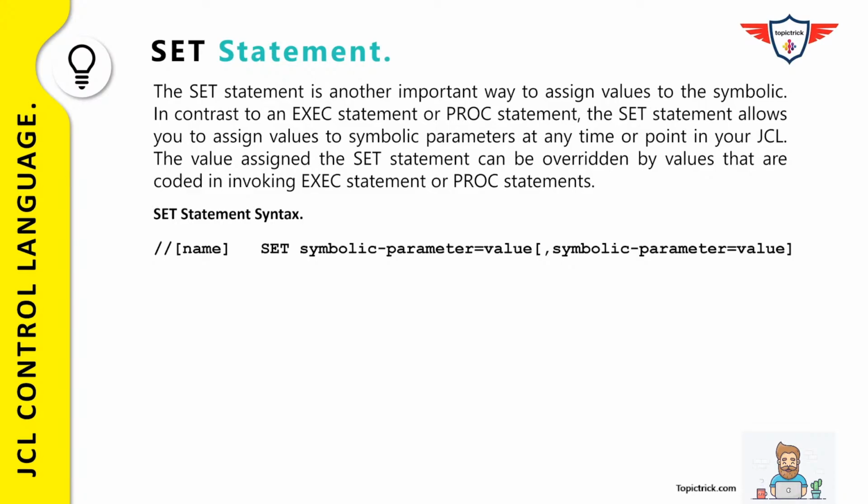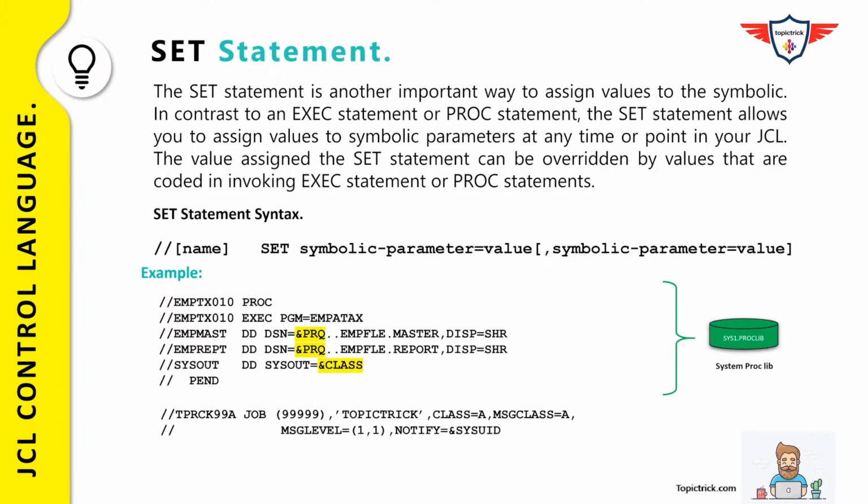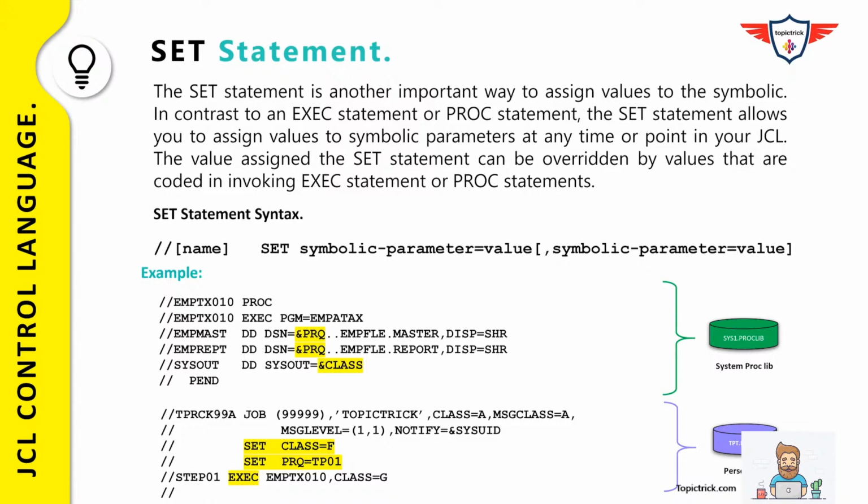So if you look at the example, again we are using the same example. We have a catalog proc which is stored in a system library, that is SYS1.PROCLIB, and we are using symbolic parameters, that is &PRQ and &CLASS. If you look at the JCL, this time I've used the SET statement to assign the class value as F and PRQ equals TP01.